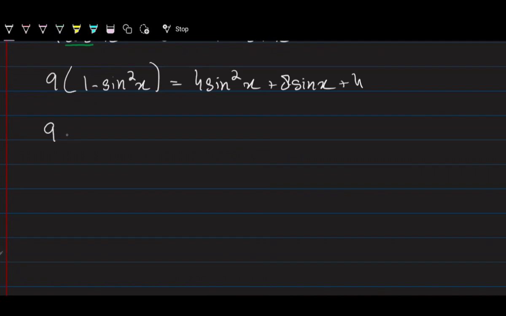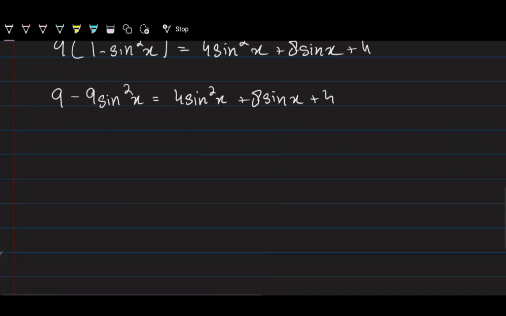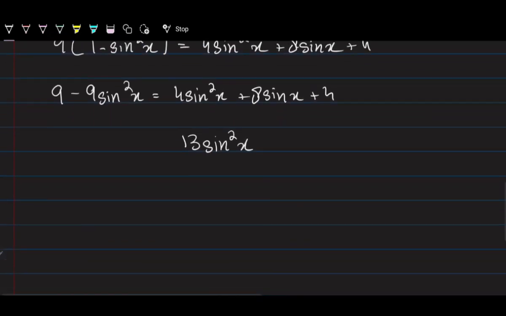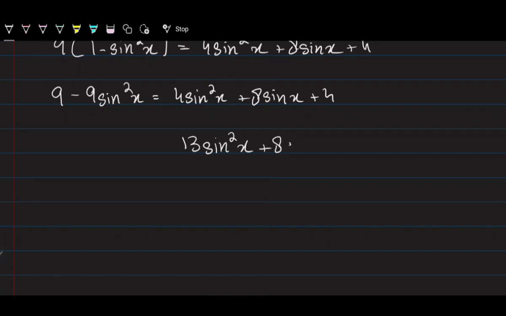So this 9, I'll multiply everything out. This becomes 9 minus 9 sine square x, which is equal to 4 sine square x plus 8 sine x plus 4. So take everything to the right hand side so that everything stays positive. Minus 9 sine square x becomes positive 9 sine square x plus 4 sine square x, which becomes 13 sine square x plus 8 sine x plus 4.